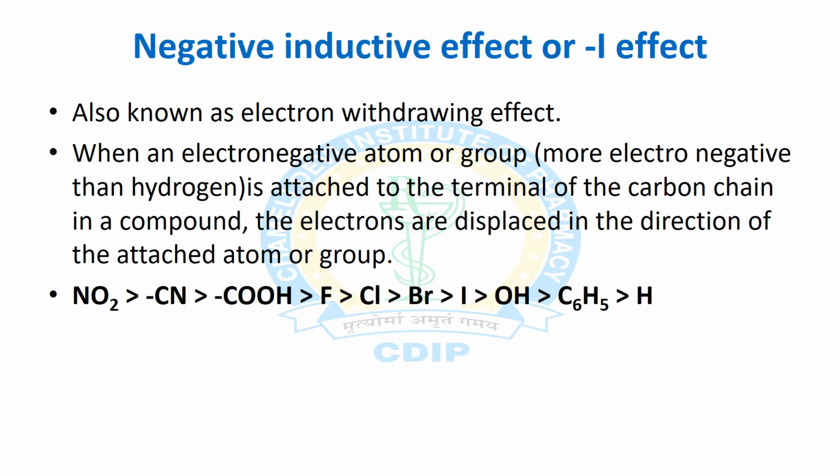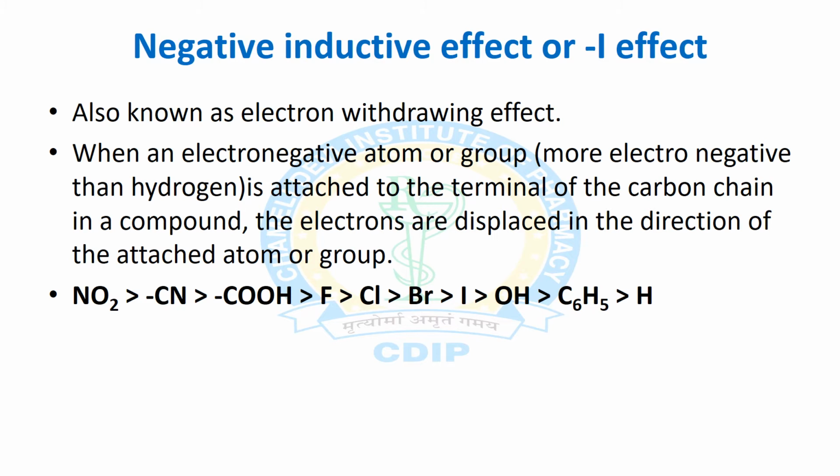The groups which can have this effect are the nitro group, cyano group, carboxylic acids, halogen groups, OH, C6H5 and H. If you compare OH and NO2, the electron pull would be more towards the NO2 because of its electron withdrawing effect.